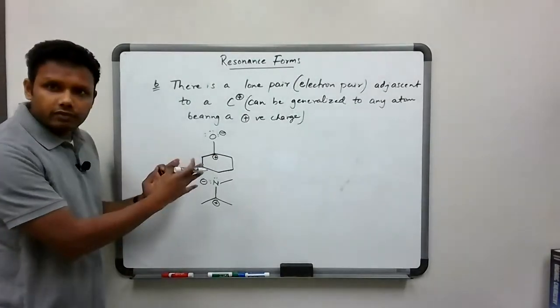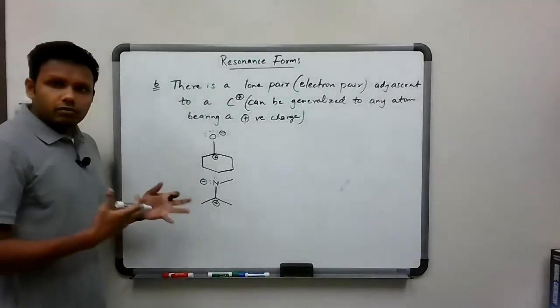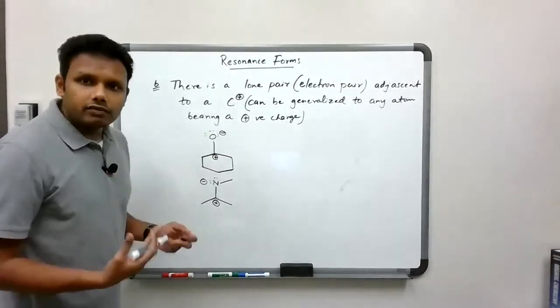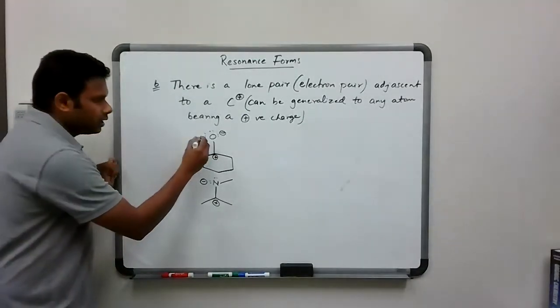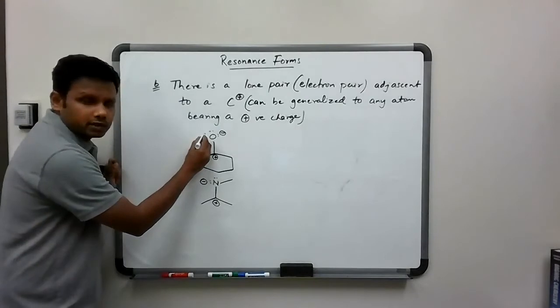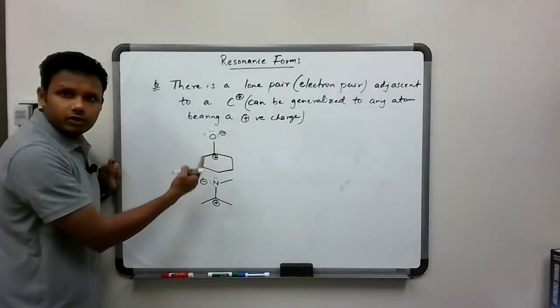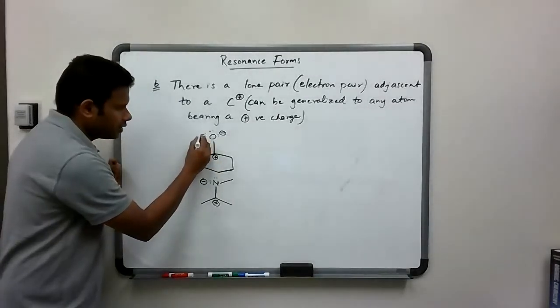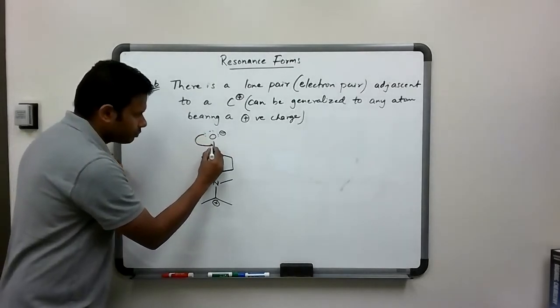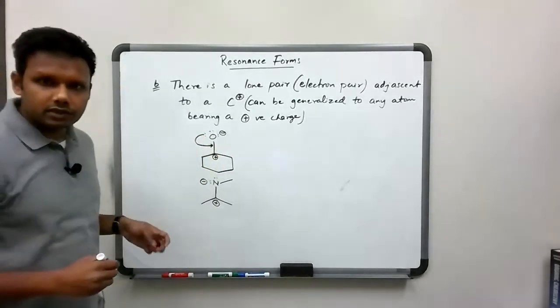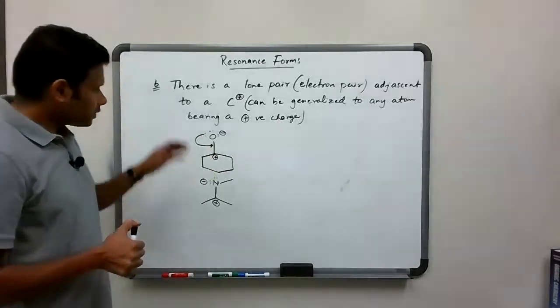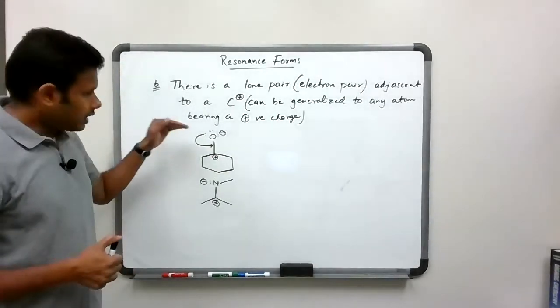So whenever you have a scenario like this, the most common, obvious thing to do is to take one of these lone pairs. You could take any one of these three lone pairs and move it to the space between carbon and oxygen. Again, I want to highlight the arrow itself here.